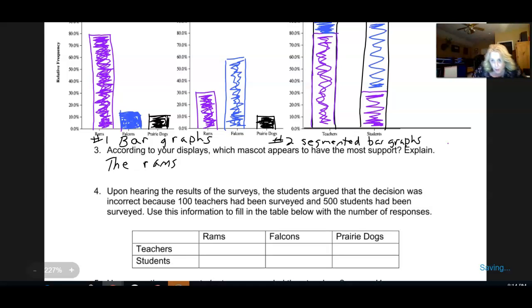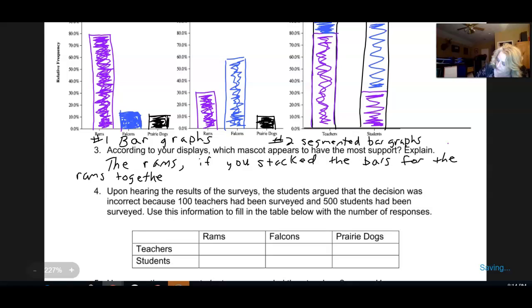If you stacked the bars for the Rams together for teachers and students, it would be taller than the bars for the Falcons or prairie dogs, right?